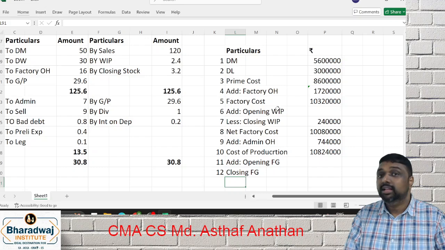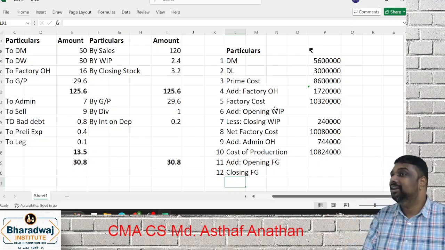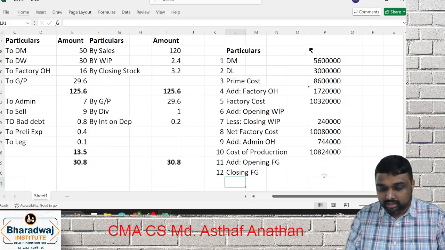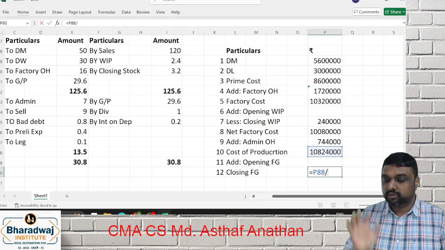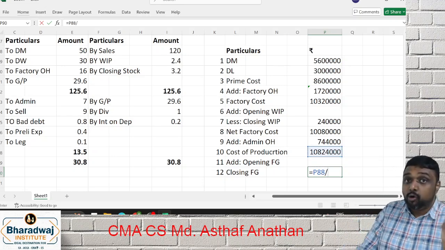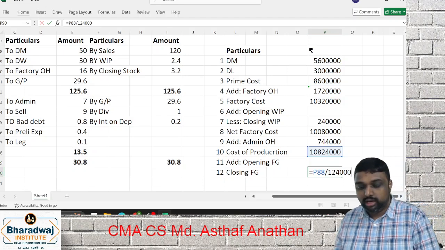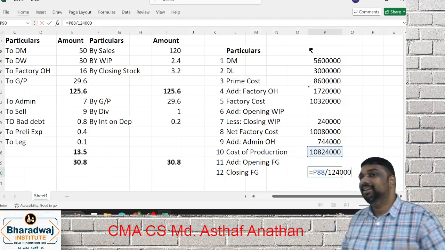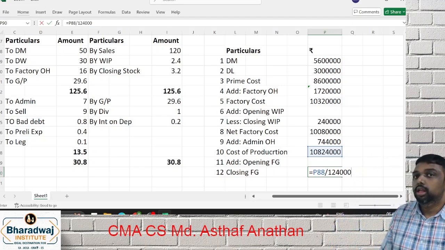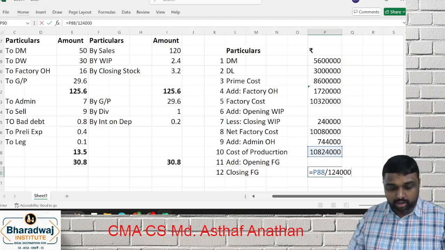So what you do now, there is a small formula you might have written in your cost sheet format. That is, cost of production divided by the number of units produced, 1 lakh 24,000, gives the cost for 1 unit.